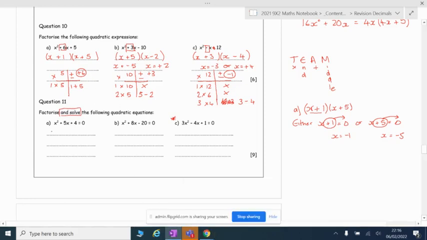Okay, and your answers were x plus 1, x plus 4, giving x equals minus 1 or x equals minus 4.